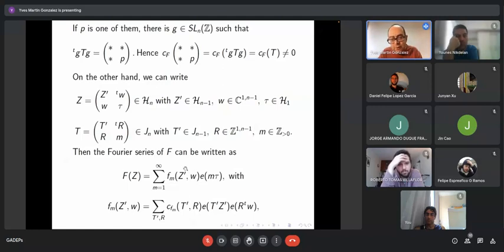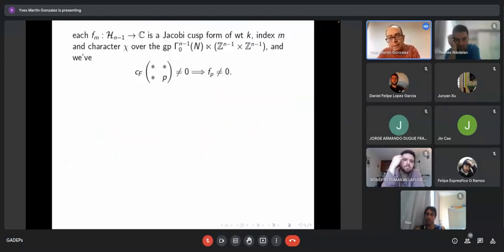Now this function is a function in the variables c prime and w, and has a Fourier expansion, of course, whatever is left from the Fourier expansion of big F if you isolate the exponential in m tau. And such a series is not a Siegel modular form anymore, but it's a Jacobi cusp form. It's a Jacobi cusp form of weight k, index m, and character chi, over a group that has to do with the original group, but is not the same, of course.